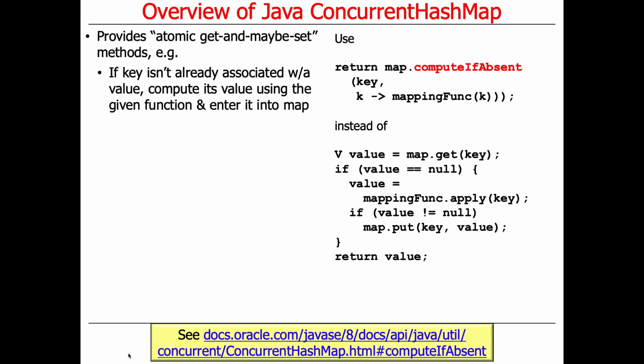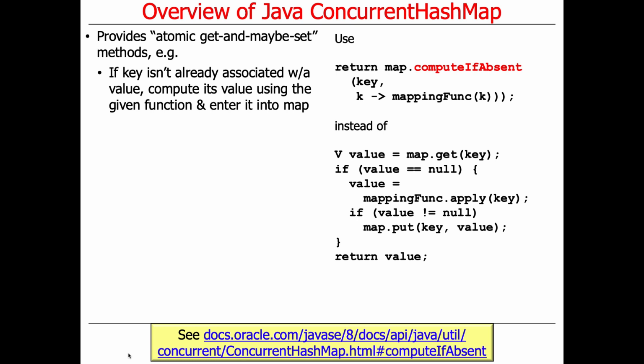One is computeIfAbsent. We've talked about this before. The semantics of this operation are: try to look up the key in the map. If the key already has a value, return the value. If the key does not have a value, call this mapping function, which takes the key and computes a value, and puts that into the map. That is equivalent to this code down here. This is not how it actually works under the hood, but it's logically the same.